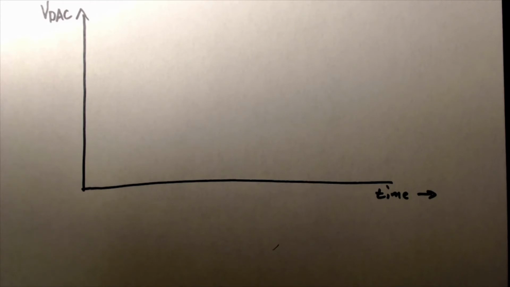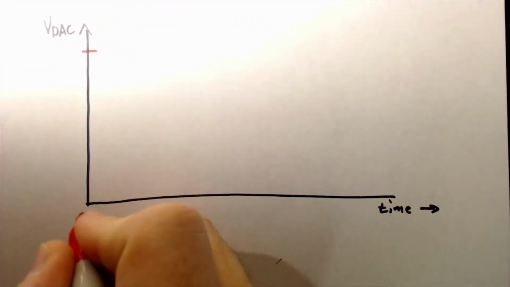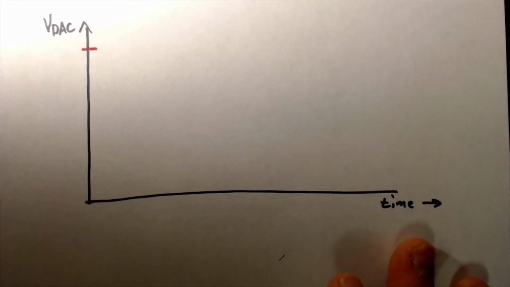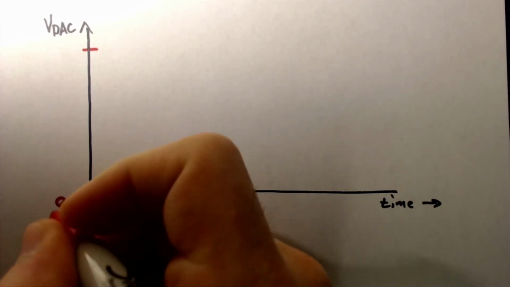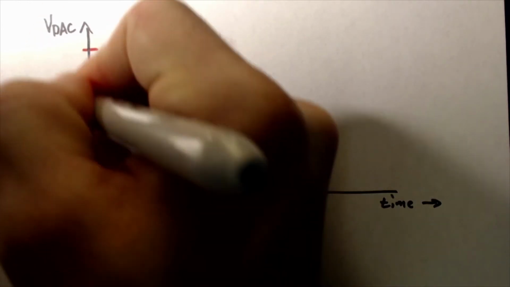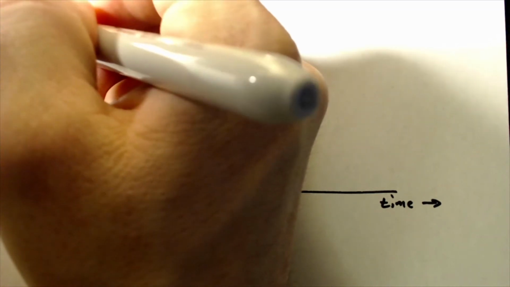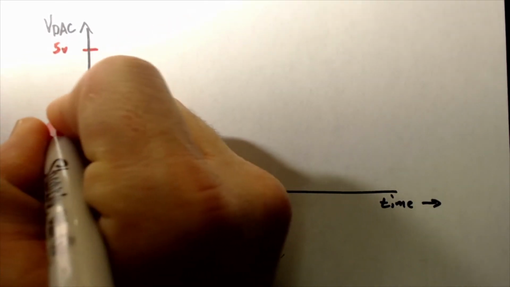And for the sake of our example, let's fill this out first. We're going to establish our min and max. Zero volts over here. Remember, VDAC would be the voltage output from the DAC, so we'll have voltages along here. We're going to have our highest one be 5 volts. We'll split that down the middle, say this is 2.5 volts.